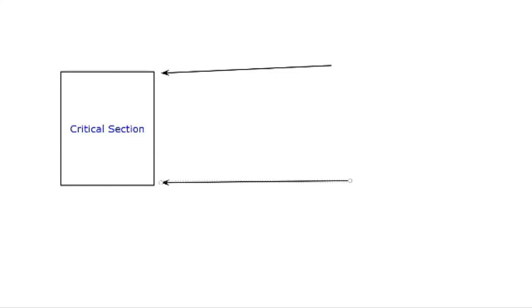Suppose there are two arrows at the starting and end of the critical section. Now what we will do, acquire the lock. The lock is acquired at the beginning of the critical section.